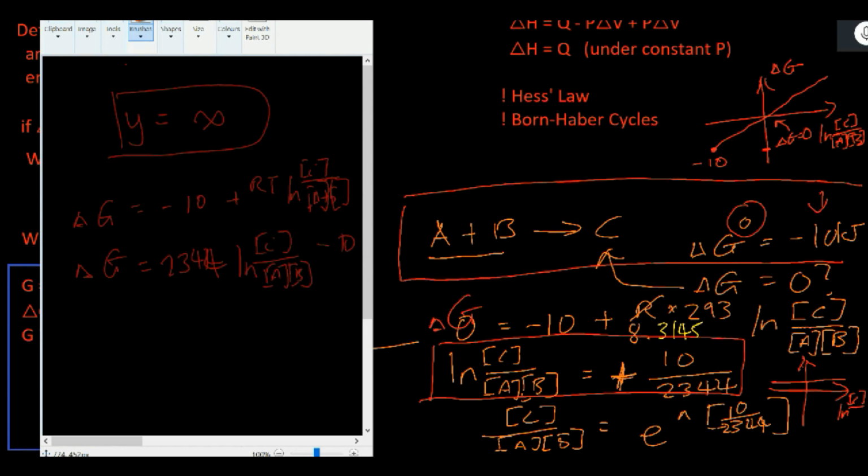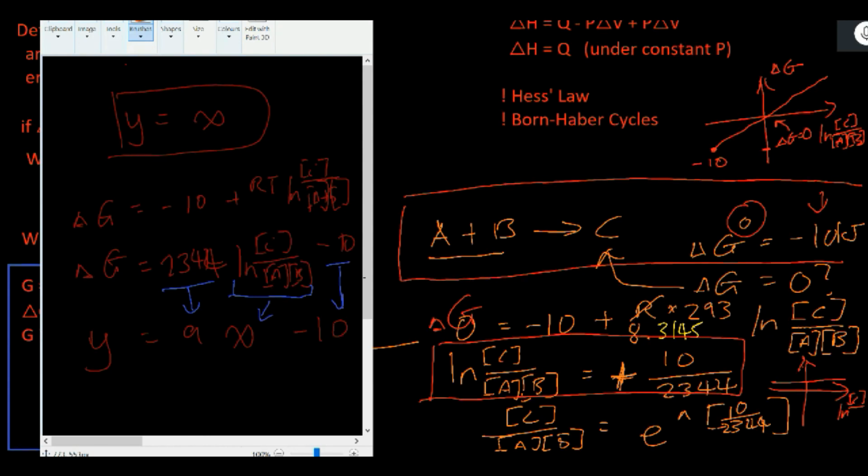That's like a constant. So this looks similar to y equals ax minus 10. So then the graph will be a straight line.